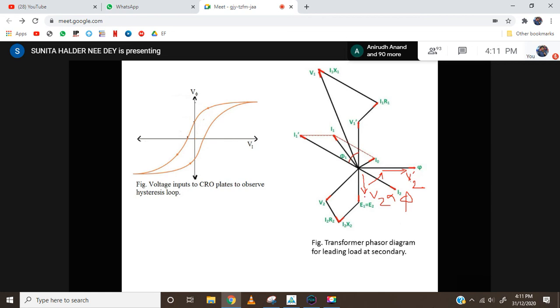So if it is VGX, then we are getting one voltage VGY, which is 90 degrees leading, for the 90 degree phase shift, right? So in that case VGY will be in phase with phi as well as proportional to phi, because VGY is a component of E2.